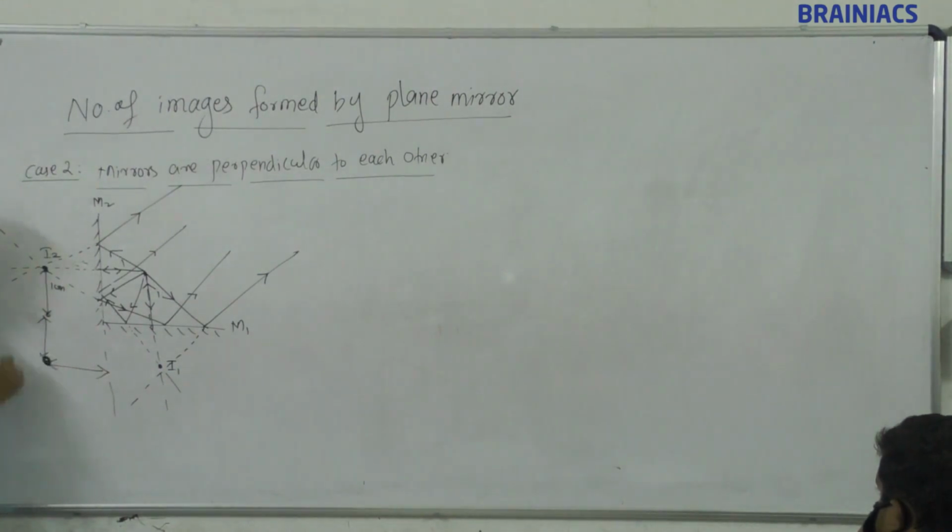Both images will coincide. I2 will create an image called I3, and I1 will create an image called I4. So I3 and I4 will meet at the same point. Understood? So how many images will there be in total? Not 4, only 3, because these two are intersecting each other.